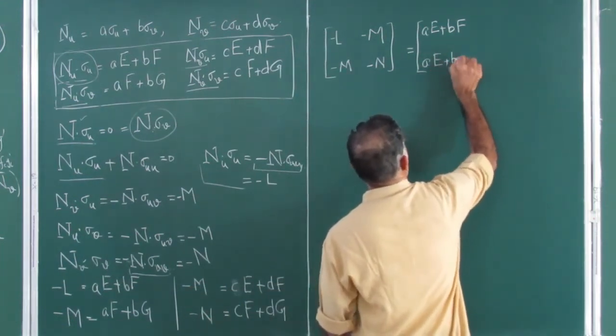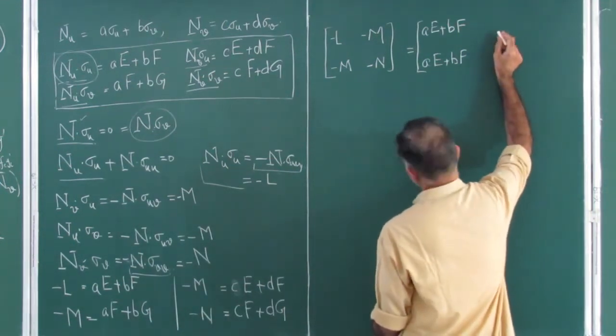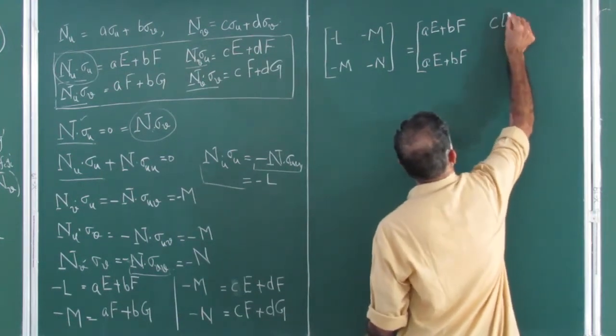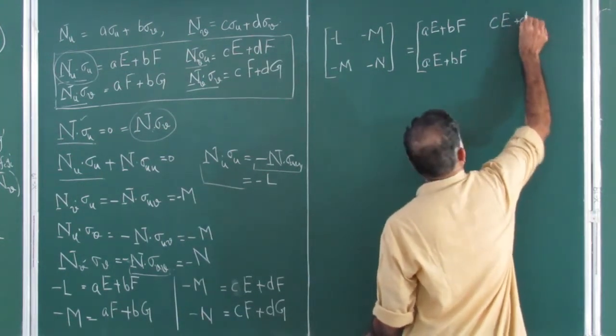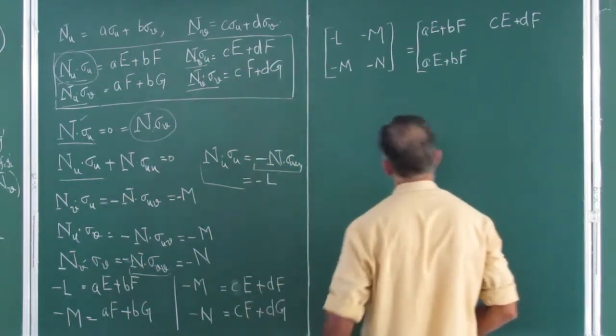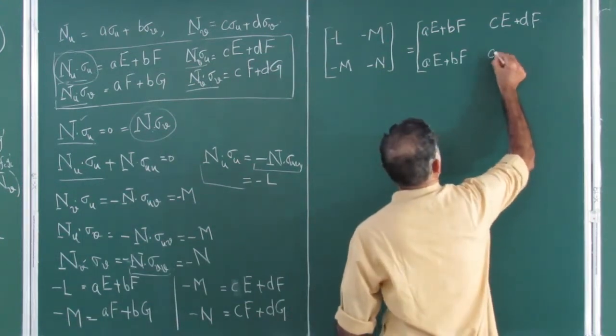If there is any change required, that time I will see. I'm just blindly writing them. Then next, this is CE plus DF. That's an error, I wrote it wrongly. And then finally CF plus DG.